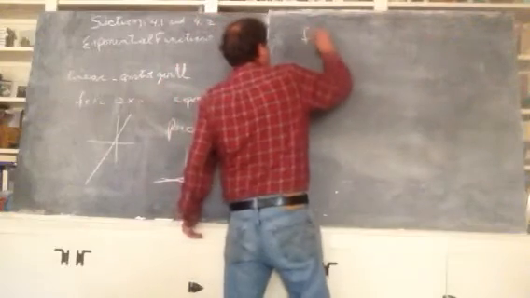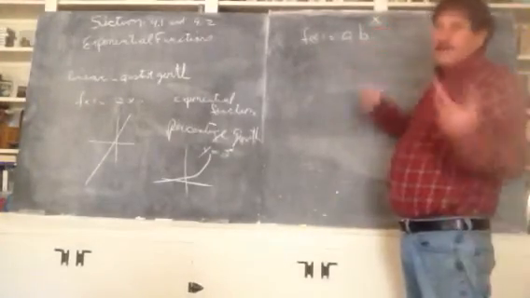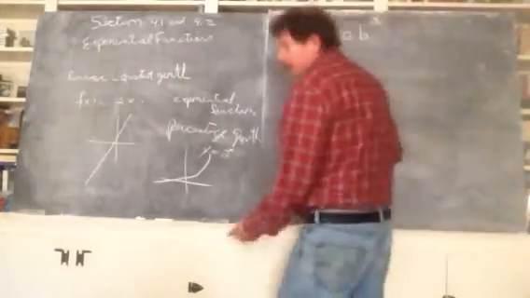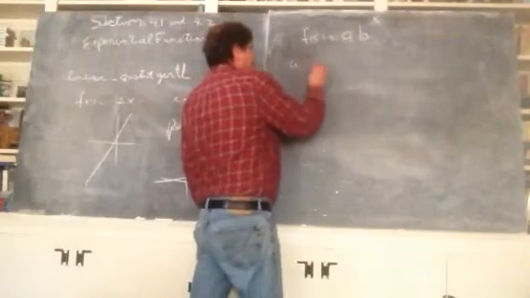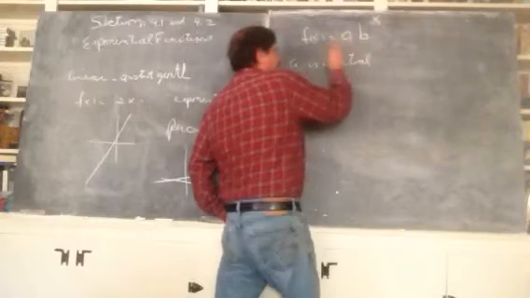If you consider f of x equals a b to the x, that's called an exponential function because the variable is the exponent. A is the initial value, and it can be any real number.